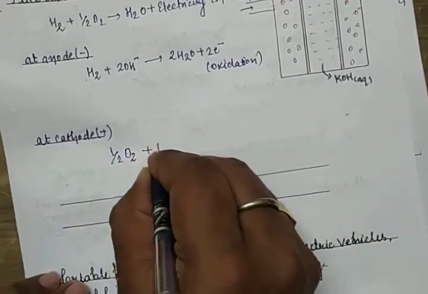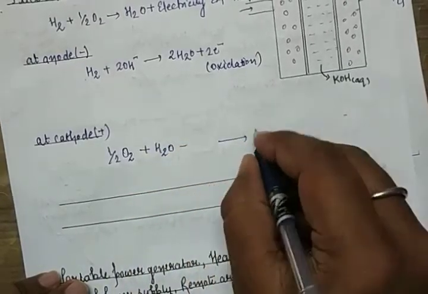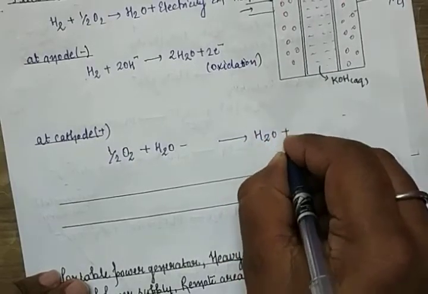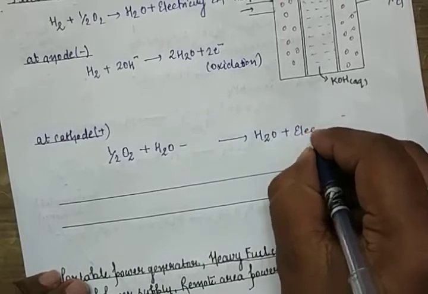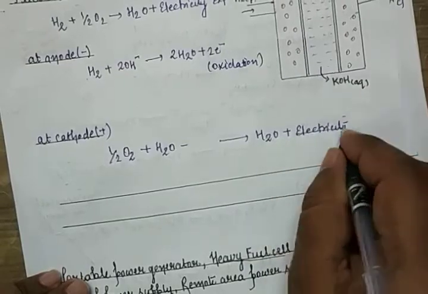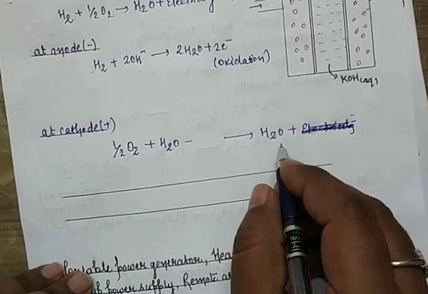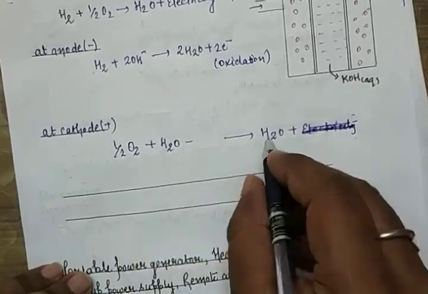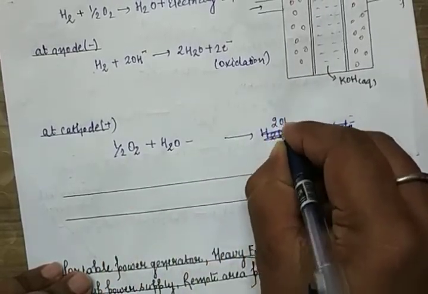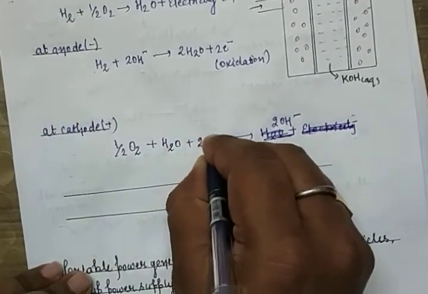So here is H2O, and the formation of H2O again. Here there is H2O and 2 hydrogens and 2 oxygens. It means 2OH-. So 2OH-, it means it gained 2 electrons.